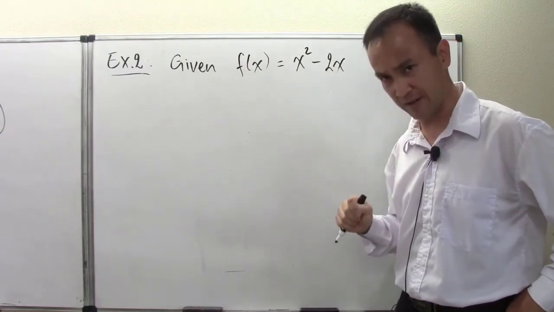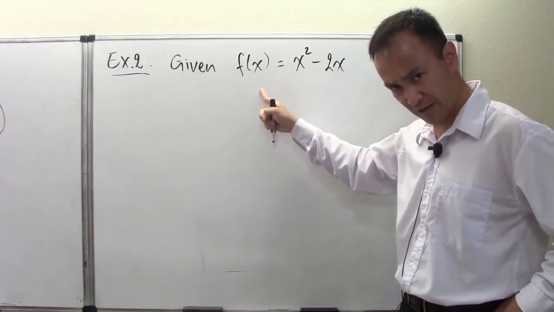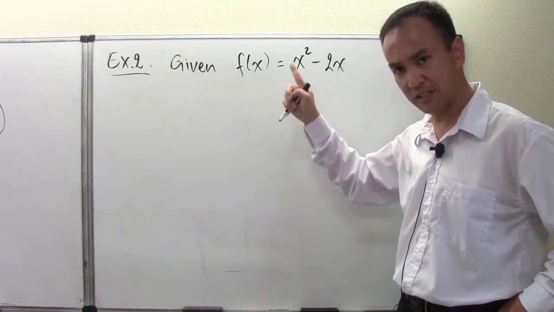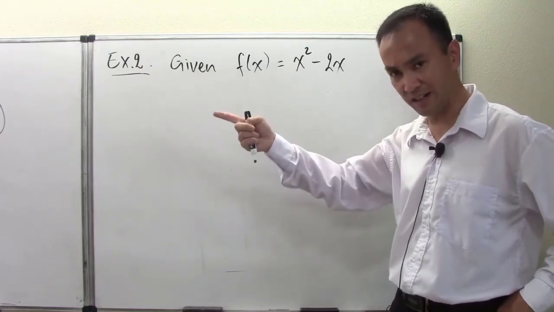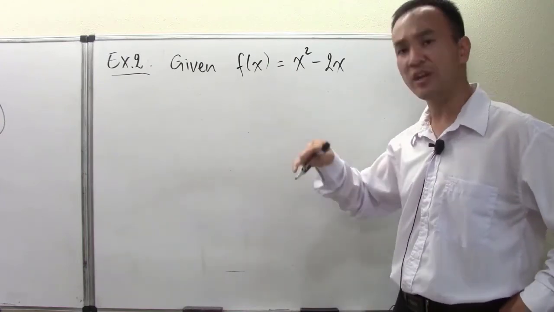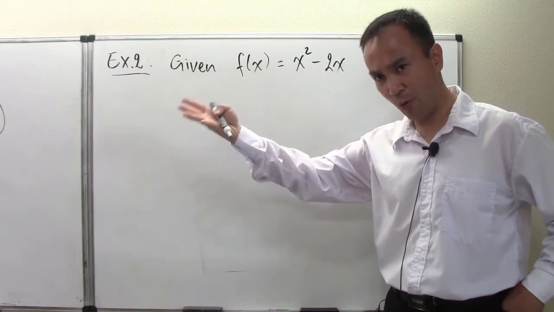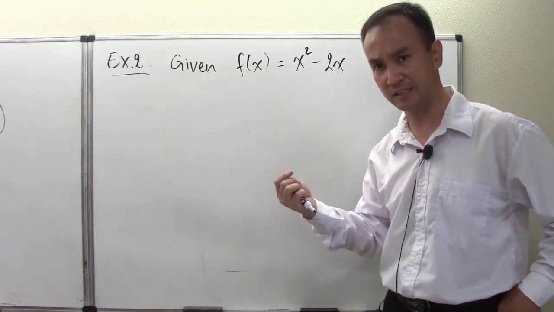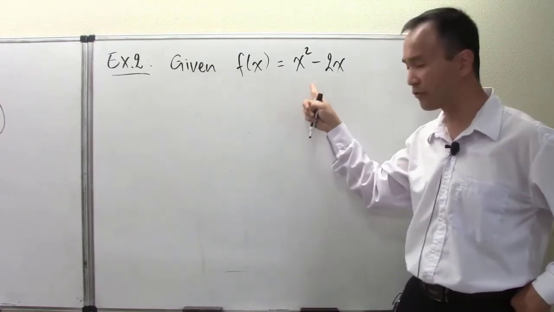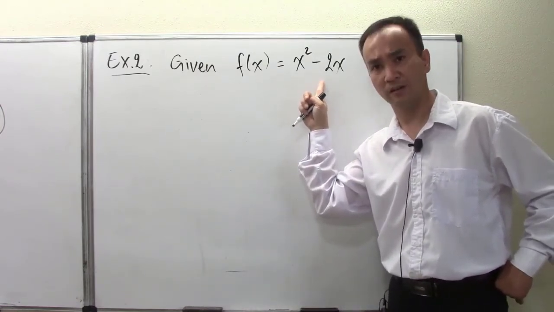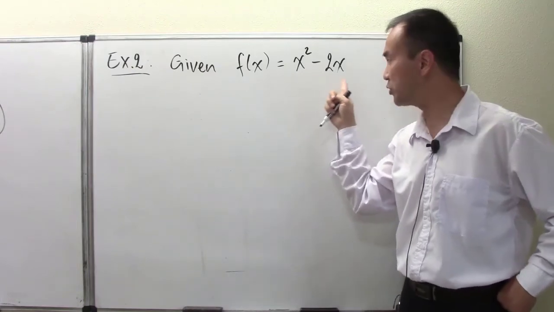We have a function given, but the major difference with the earlier one is that there your function was already represented as a table. But back then in example 1, we did not see the rule clearly stated. Here we have the rule clearly stated as an equation, as a formula, and this rule tells us what to do with the input.